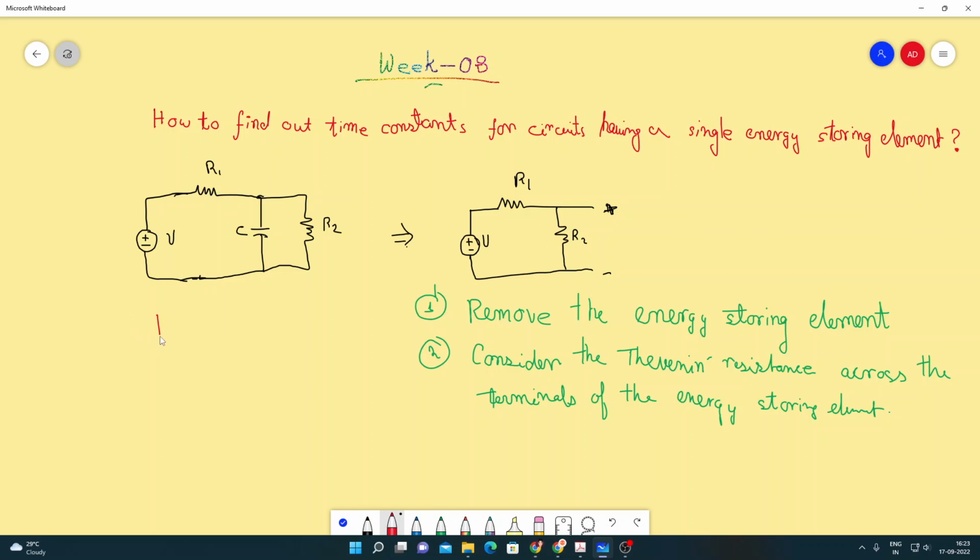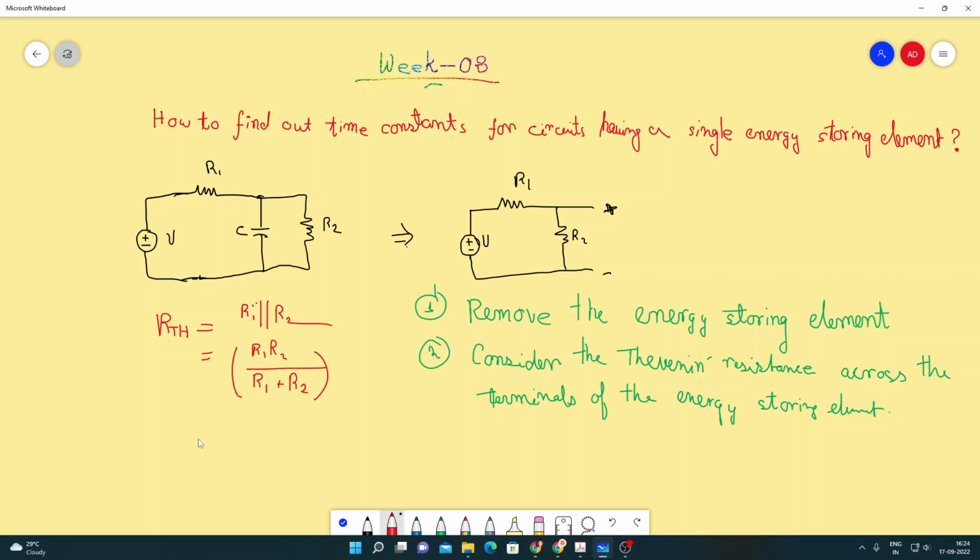So here R Thevenin. To find out Thevenin resistance, we need to short the voltage sources and open the current sources. So here it will be shorted. So we have R1 parallel to R2, so that is equal to R1 R2 by R1 plus R2. So this is R Thevenin.